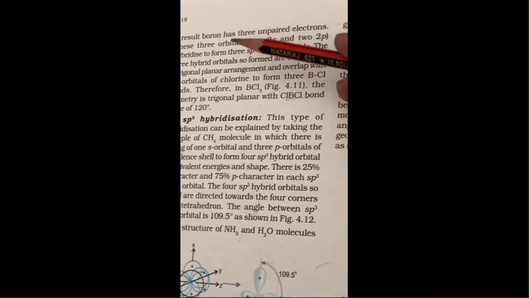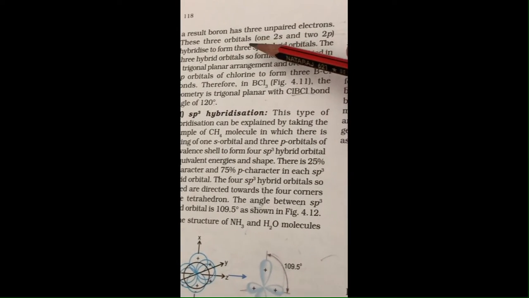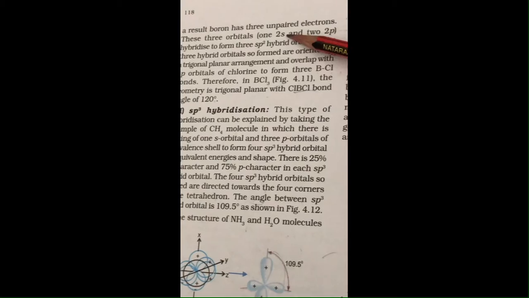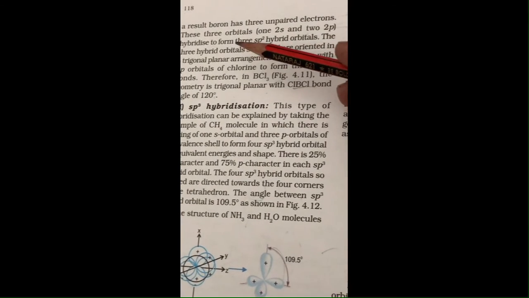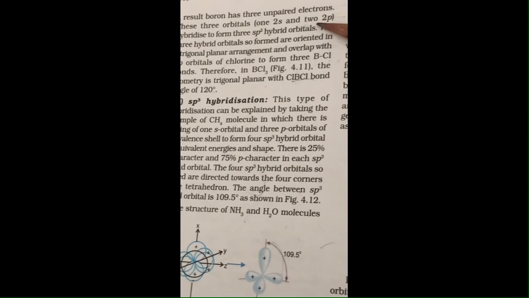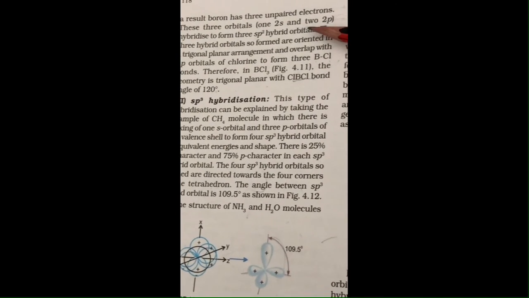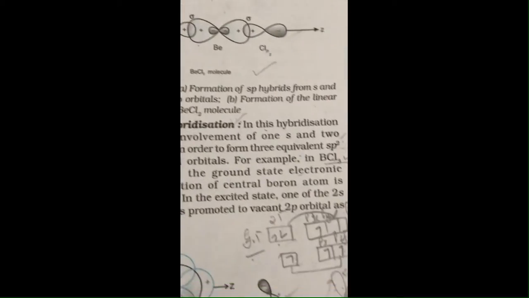As a result, boron has 3 unpaired electrons, and these 3 orbitals, that is one 2s and two 2p, hybridize to form 3 sp2 hybrid orbitals. As I have shown you, after excitation there is the formation of the 3 sp2 hybrid orbitals.